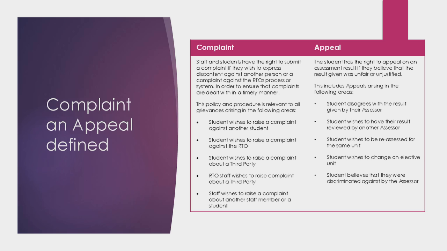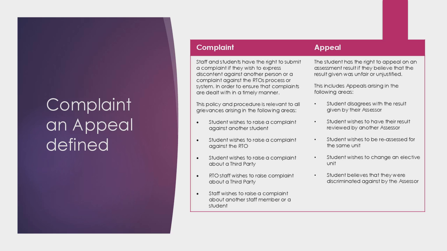It could be that they want to make a complaint about your marketing, and that marketing is being conducted by an outside organisation. So there are a range of different people who may be third parties outside of the organisation. It could also be that you get a guest speaker in who speaks to your students. So that's another example of a third party.